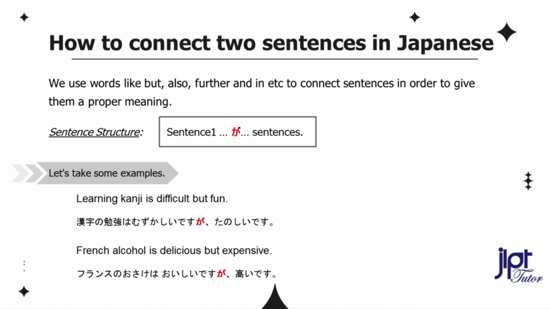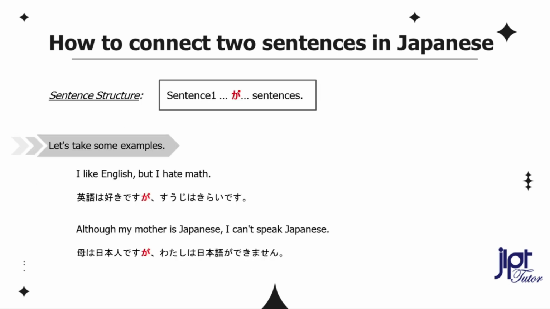漢字の勉強は難しいですが楽しいです。French alcohol is delicious but expensive. フランスのお酒は美味しいですが高いです。Let's take more examples.